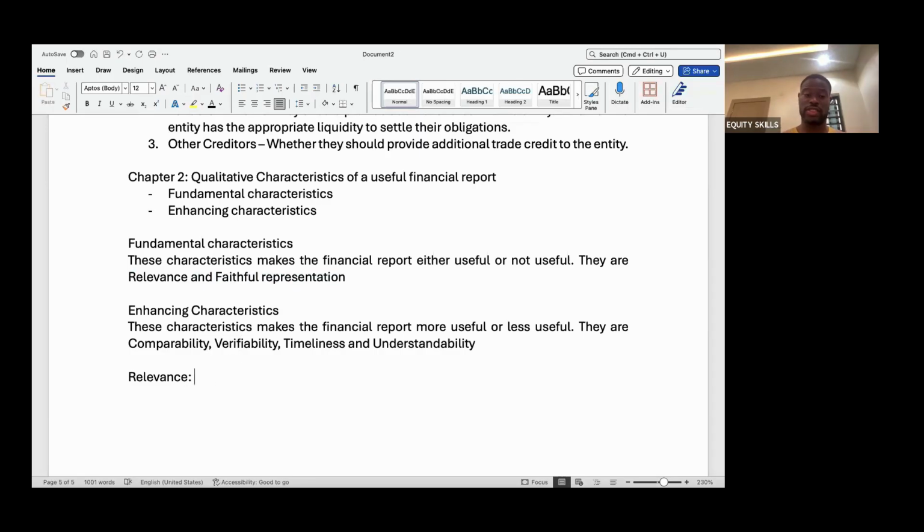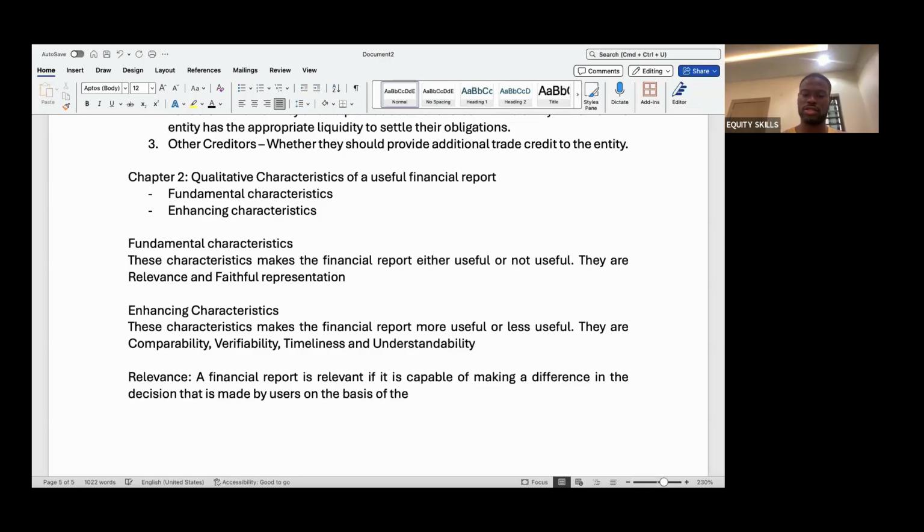So when we say relevance, you see, a financial report is relevant if it is capable of making a difference in the decision that is made by users on the basis of the financial report.